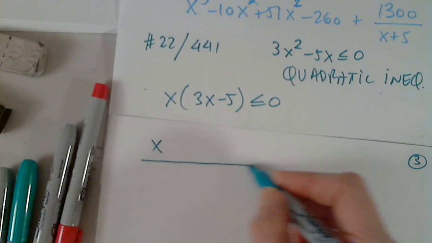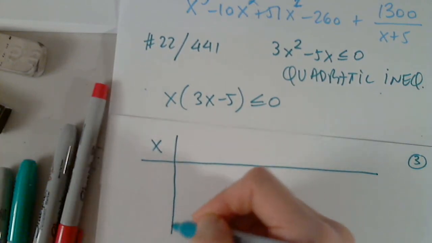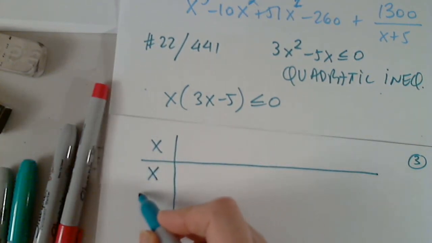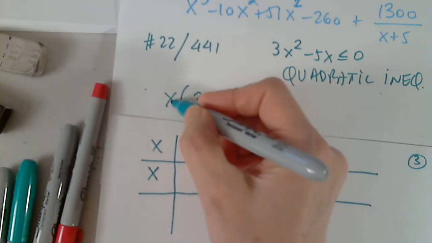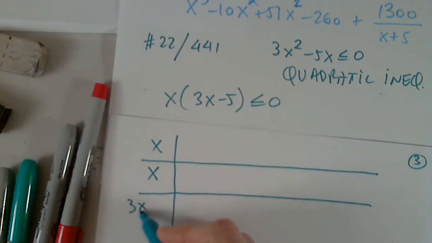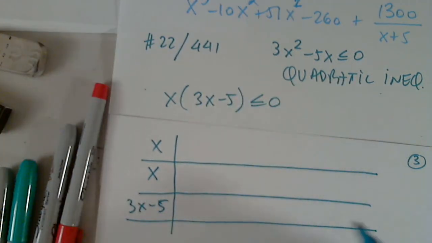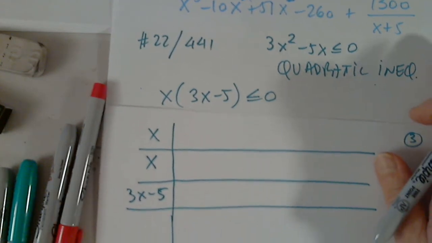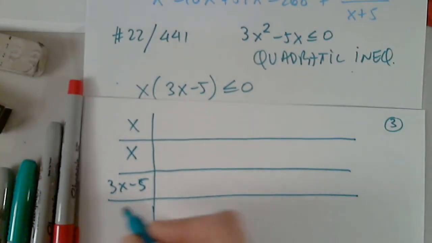So x is the variable in the problem. Then x is the first factor. The second factor is 3x minus 5. And of course, the last row must be what I'm interested in. What am I interested in? x times 3x minus 5.